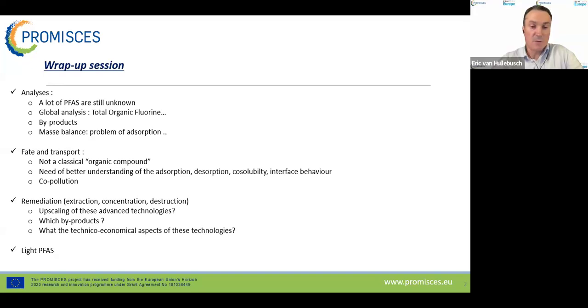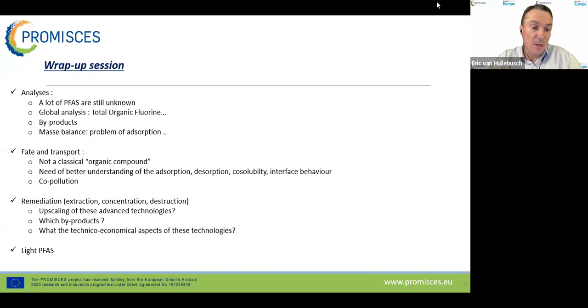Yeah, if I may, Stéphan, regarding the remediation work or the results presented today, there is another gap, which is that we focused a lot on model solutions, on model systems, and then in reality we are facing more complex water matrices, which contain different PFAS compounds with many precursors that may affect the mass balance.